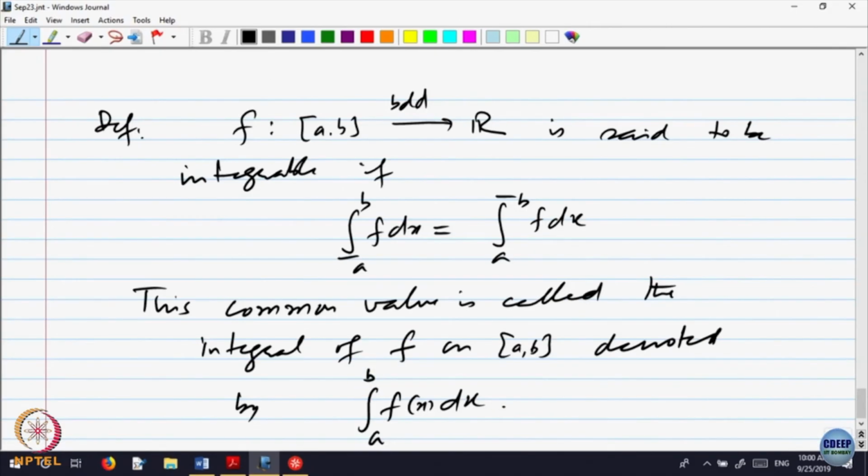So geometrically, you can take this as the definition of the area below the graph of the function. Okay. So now the questions we would like to deal with are the following.